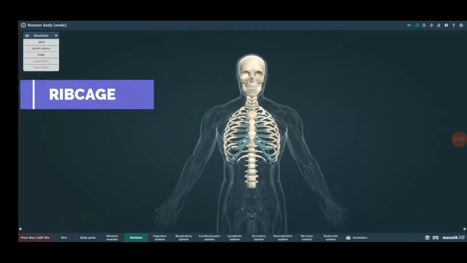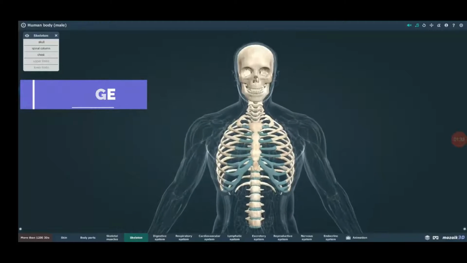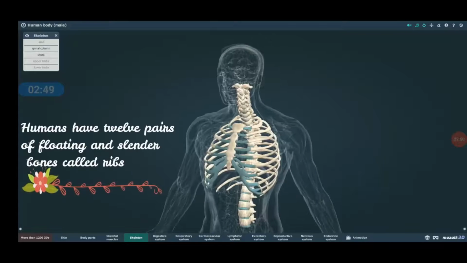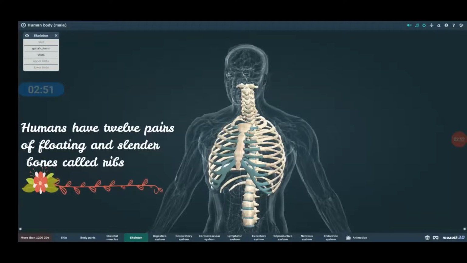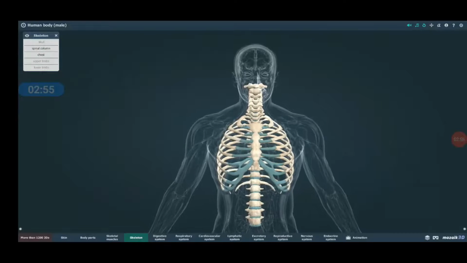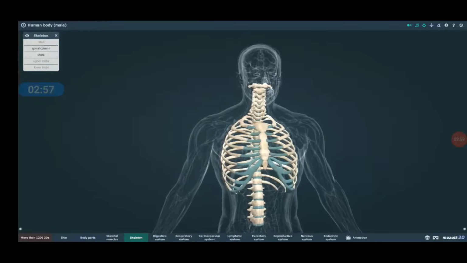Ribcage. Ribcage is the bony structure present in the chest region. Humans have 12 pairs of floating and slender bones called ribs. The ribs curve around the chest to form the rib cage.